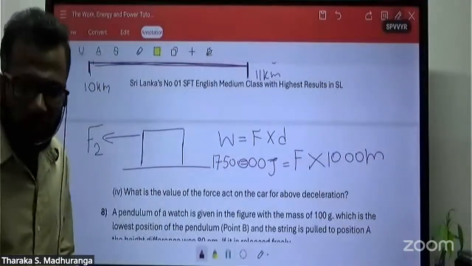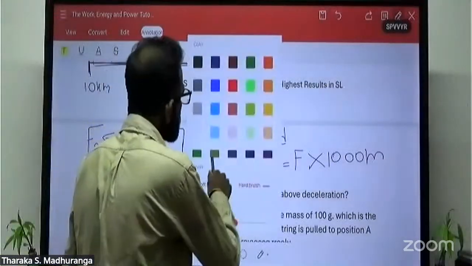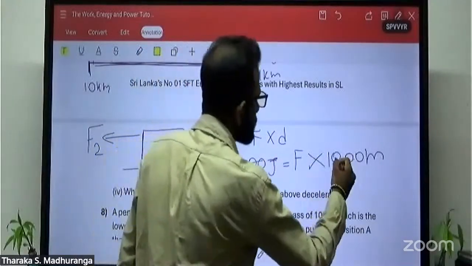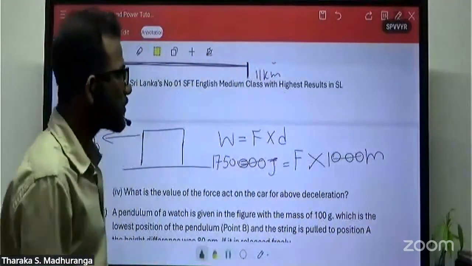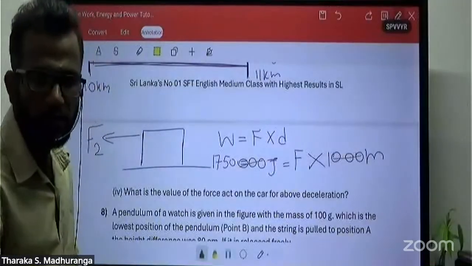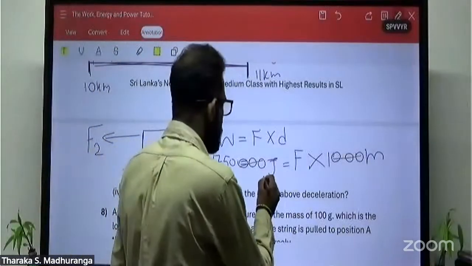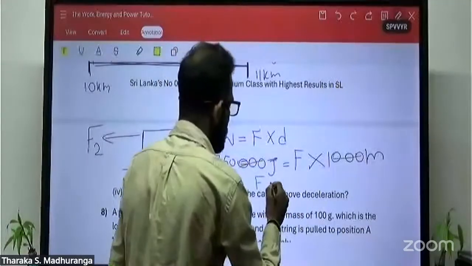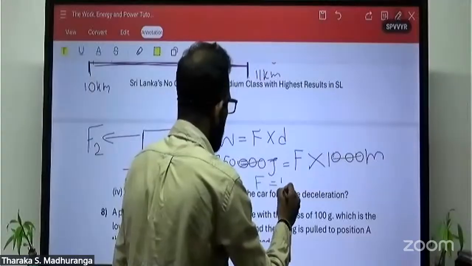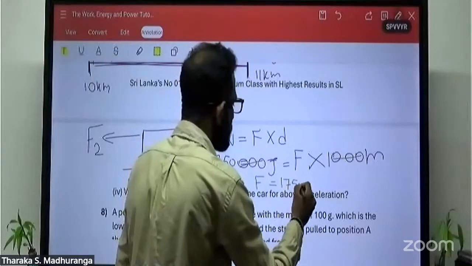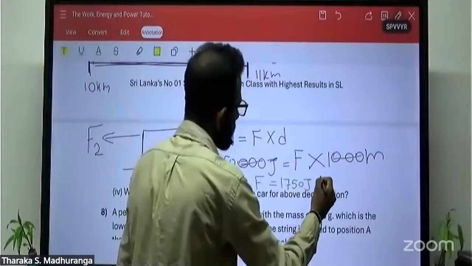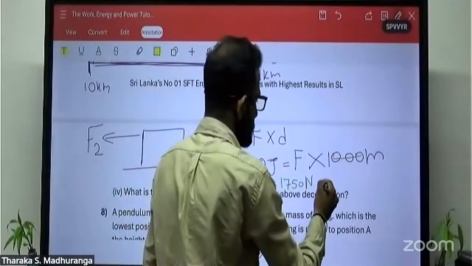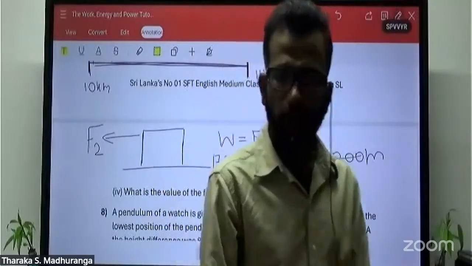Very simple question. Now you can see the 10 cubed and 10 cubed cancel out. Then F equals 1750 Newton.